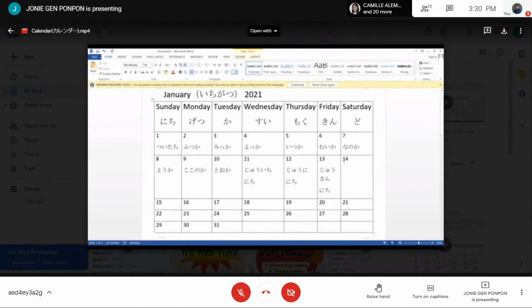And then another exemption is the 14. 4 is Yokka, right? The 14th day is Juuyokka. So the 14th is an exemption, and also the 24 because it ends in 4.